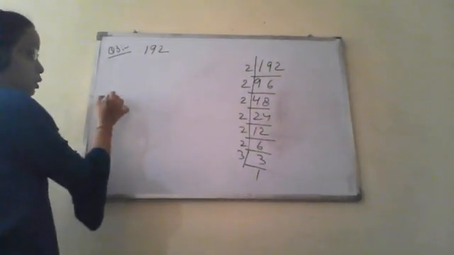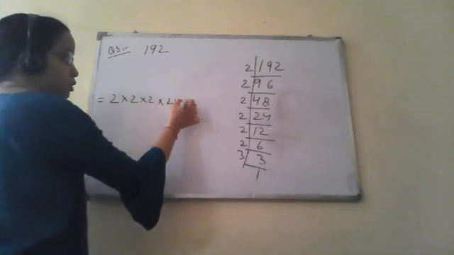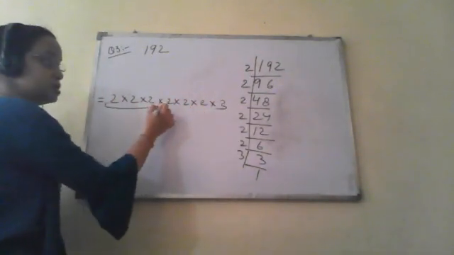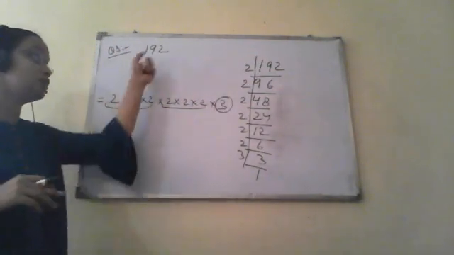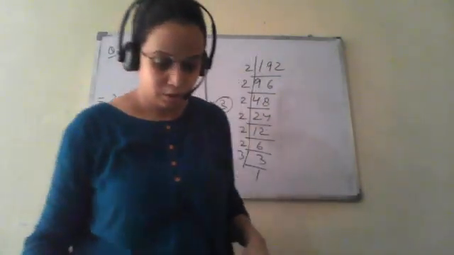So 192 is written as 2 into 2 into 2, 2 into 2 into 2, into 3. So this triplet is complete, this triplet is complete, and this 3 is extra. So we will divide 192 by 3 in order to make it a perfect cube.